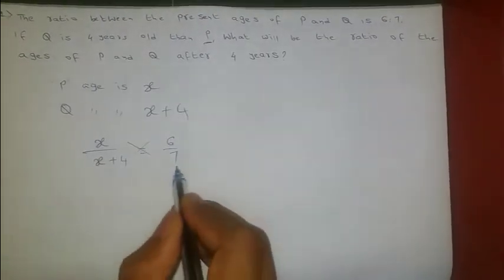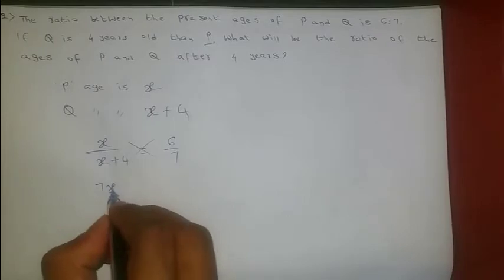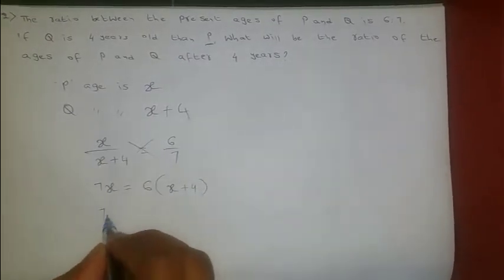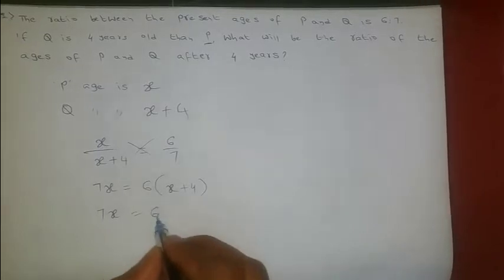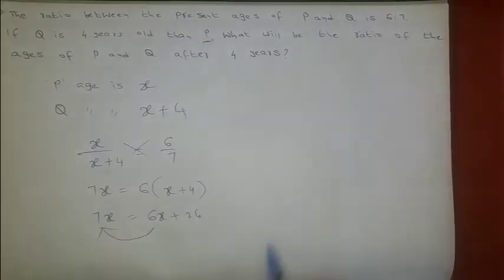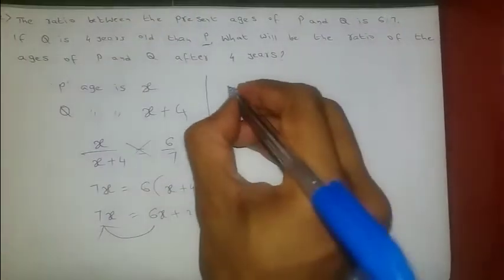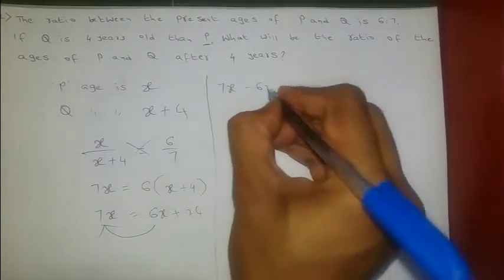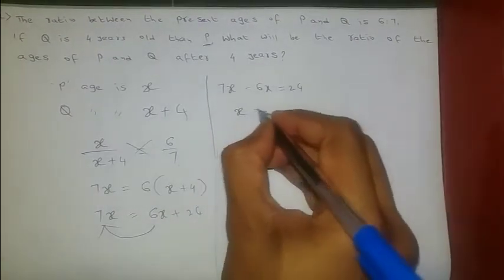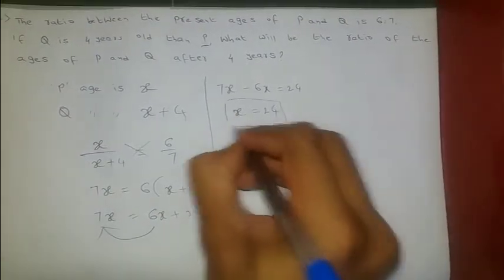If you do cross multiplication, 7 into x, 7x, is equal to 6 into x plus 4. 7x is equal to 6x plus 6 4s are 24. I will take 6x to this side, it will become minus 6x. So we will get 7x minus 6x equals 24. 7x minus 6x, x. So the x value is 24.